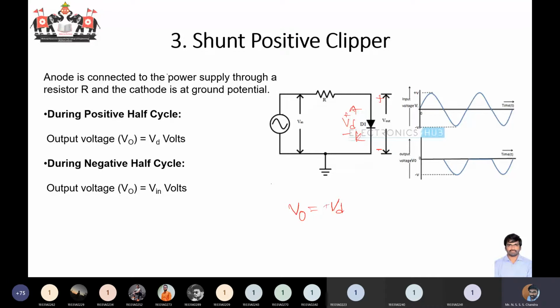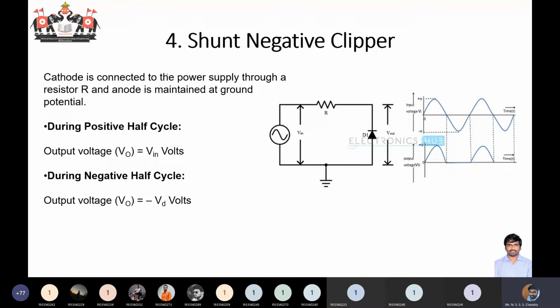If the diode is not conducting, then this is an open circuit, so this circuit will remain like this. Because current is not flowing, there will not be any drop across this resistor. So your V naught equals your Vin. That's how you got these two equations.